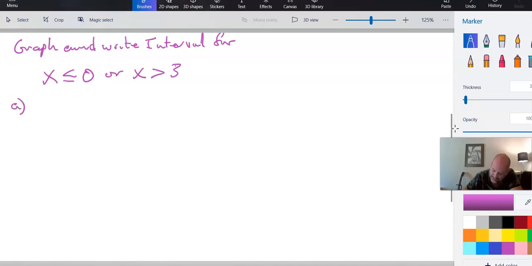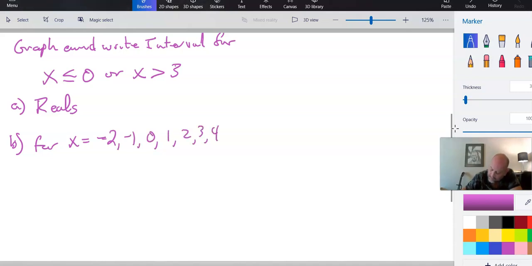So first I want you to do this for the reals, and then for x is equal to, let's do negative 2, negative 1, 0, 1, 2, 3, 4, 5, 6. Ugh, that's just written horribly. Okay, so see what you can do. You need to graph it, write it as an interval, and then graph it for the discrete case. Okay, so go ahead and pause it here and give it a shot.